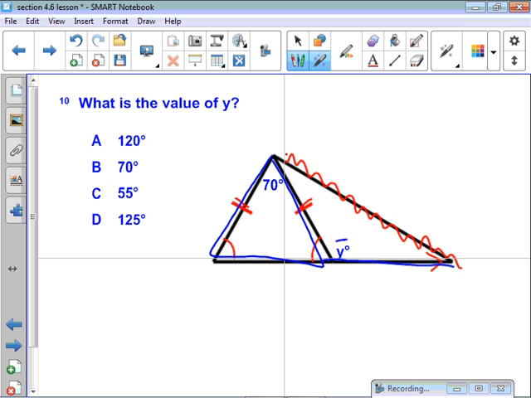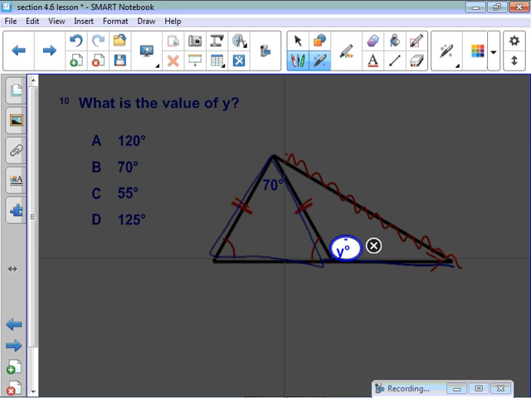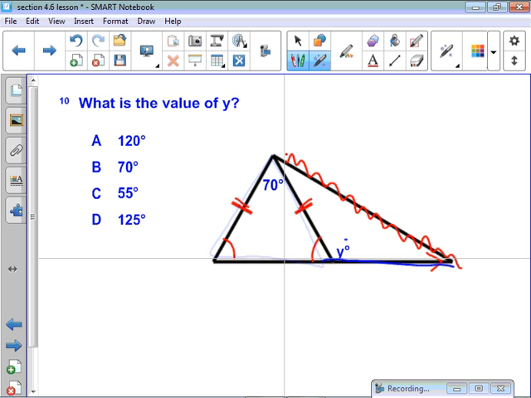So by your exterior angles theorem from last time, that guy right there has to be equal to the sum of the other two angles. Okay? So y is going to equal 70 plus x. Well, all we need to do is figure out what x is.